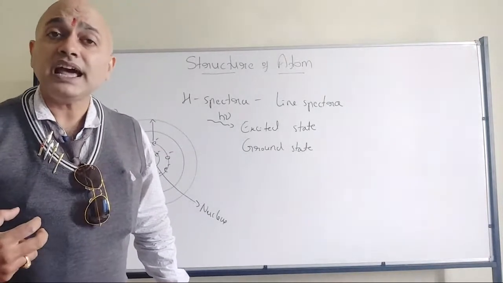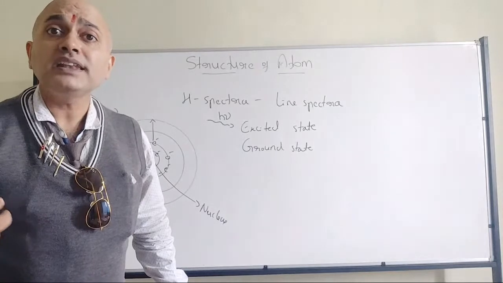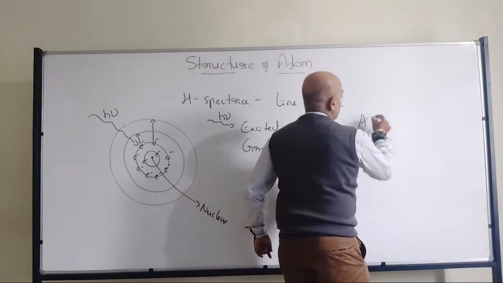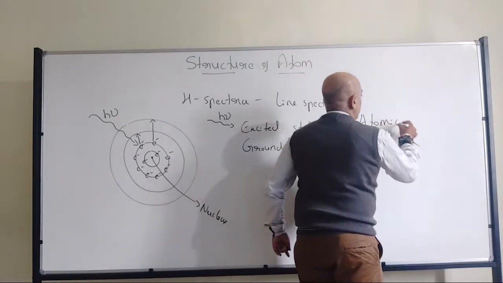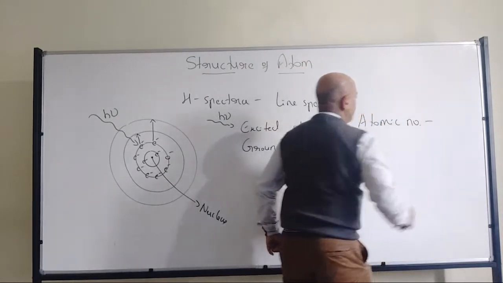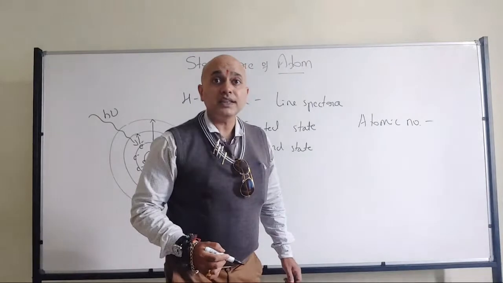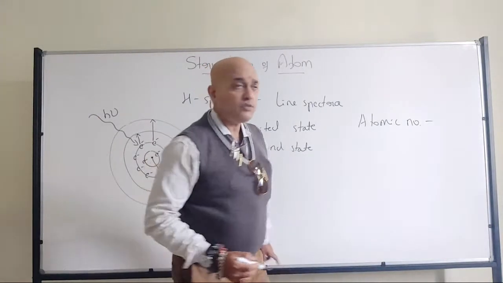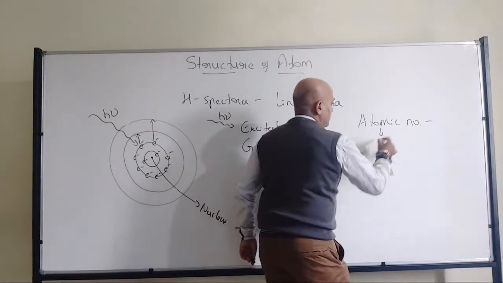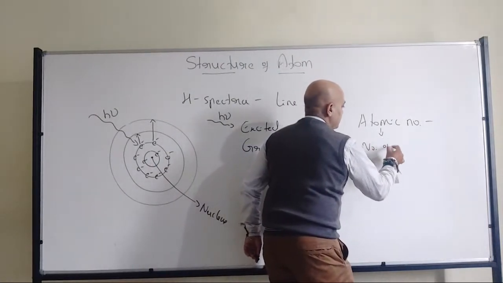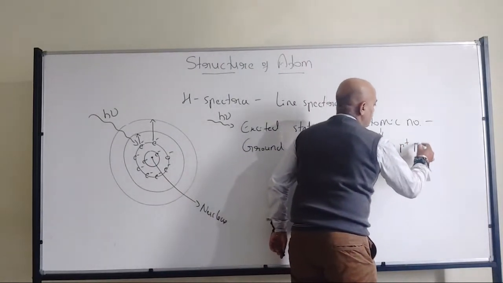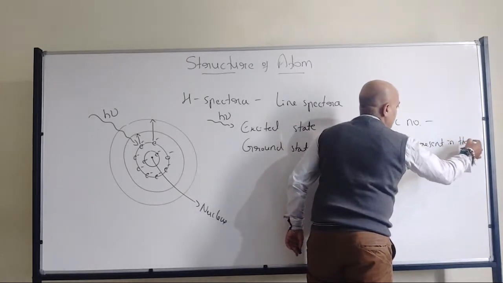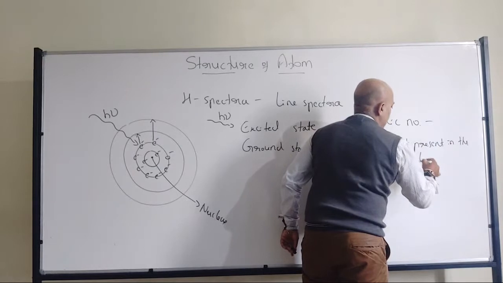Each atom has its own atomic number. I will first talk about atomic number. Okay? Now, what do you mean by atomic number? Atomic number is nothing but the number of protons present in the nucleus of an atom.